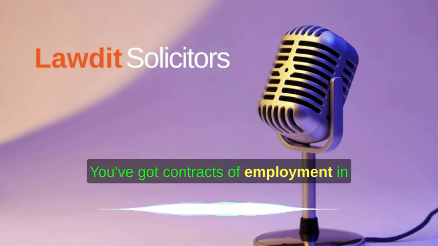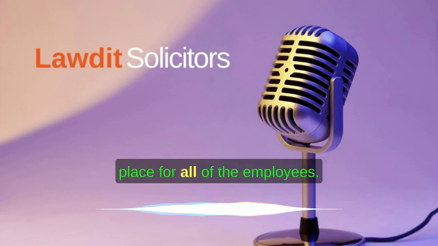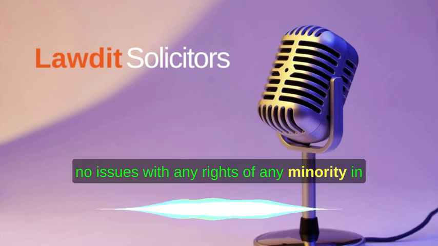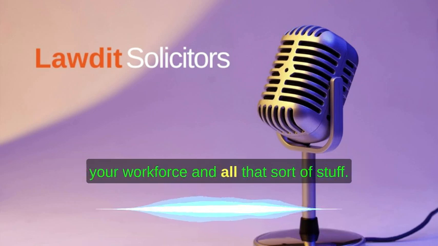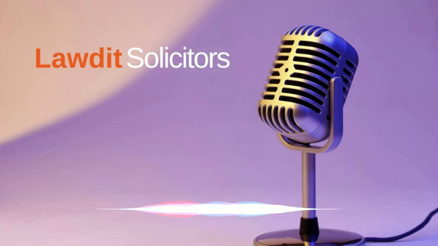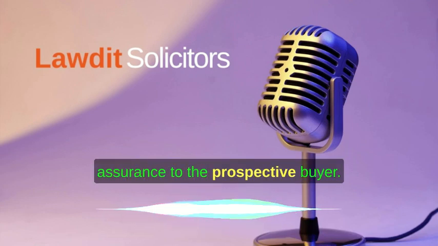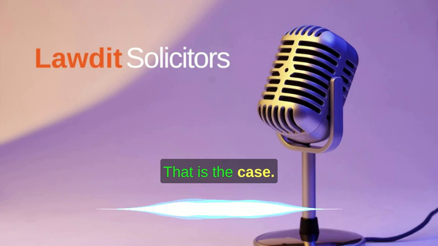You've got contracts of employment in place for all of the employees. You've got set grievance procedures, disciplinary procedures. You've got no issues with any rights of any minority in your workforce and all that sort of stuff. And then you give a firm assurance to the prospective buyer that is the case.